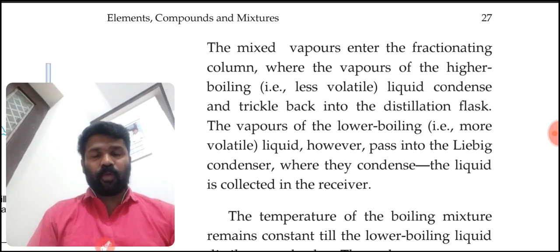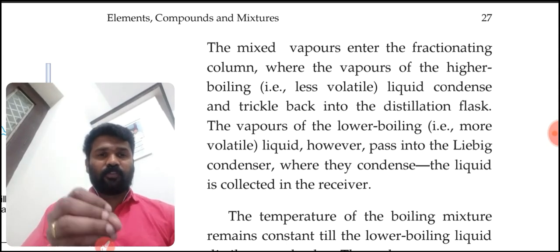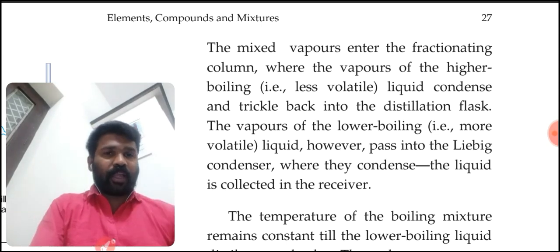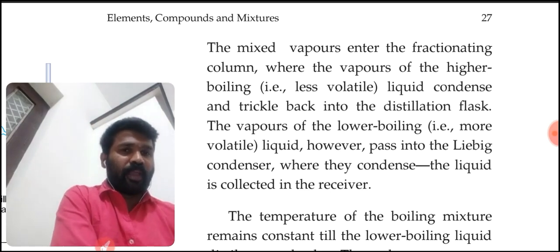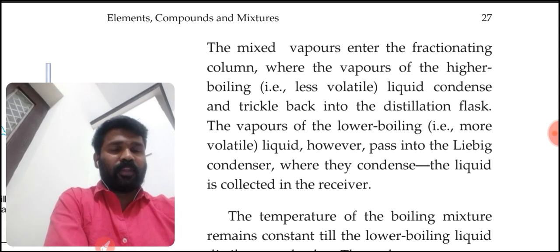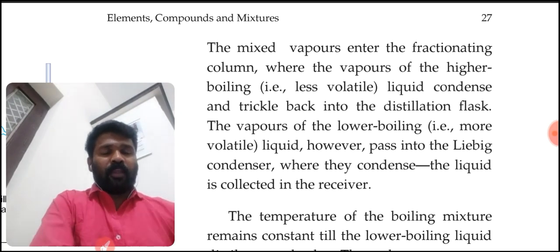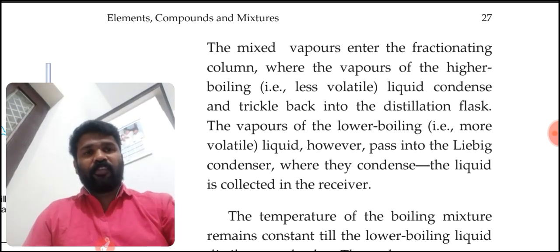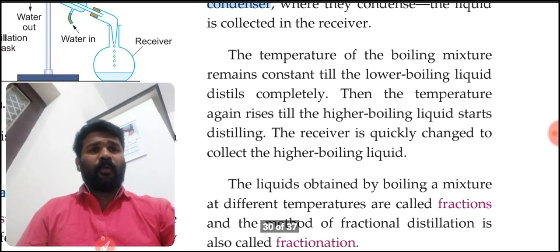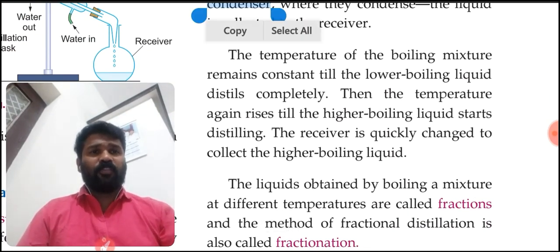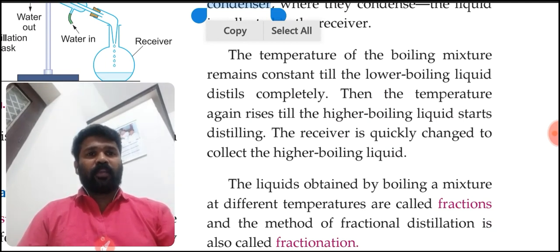We have to remove that beaker and keep it aside, and collect a new beaker for the next liquid. Clear? The temperature of the boiling mixture remains constant till the lower boiling point liquid distills completely. First, the lower boiling point liquid will be collected in a separate beaker.